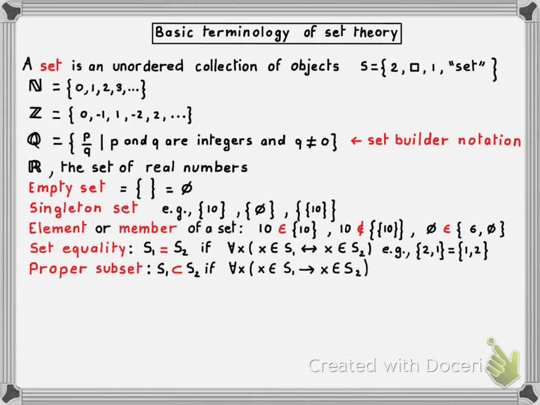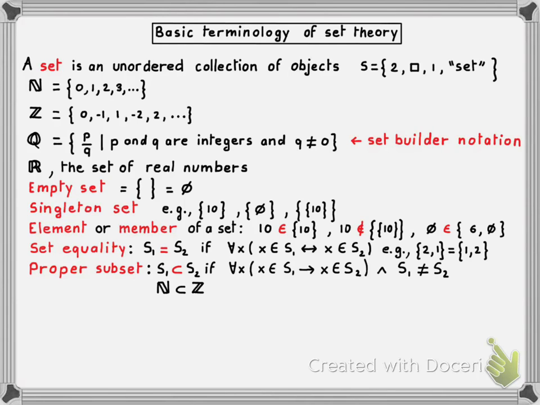So the formal definition states that for all x, if x is a member of S1, then x must be a member of S2, but not necessarily the other way around. In fact, another condition is that the two sets S1 and S2 are not equal. That's why S1 is called a proper subset. Proper means it's a subset that's not equal to S2.